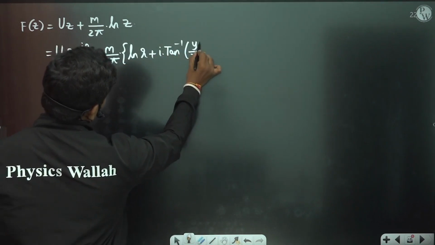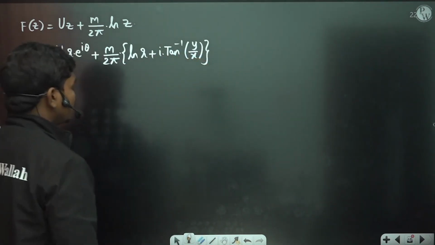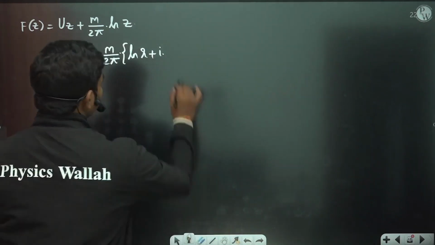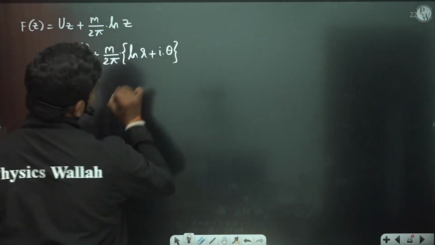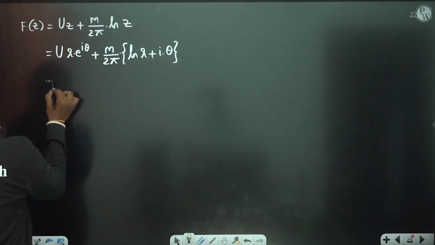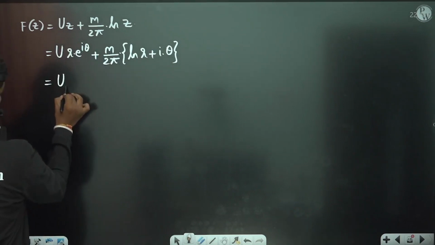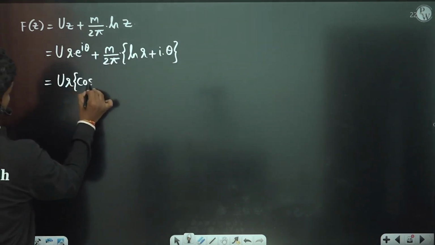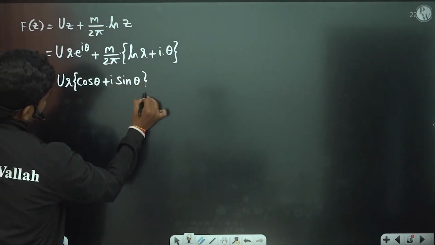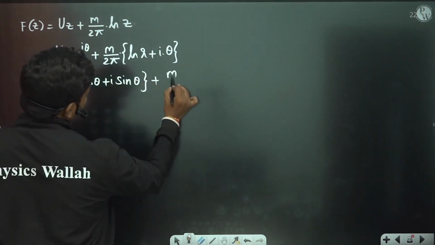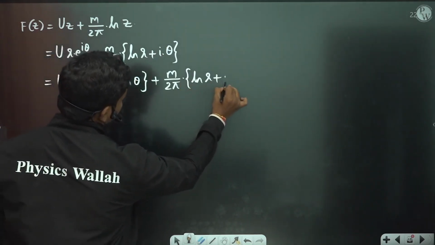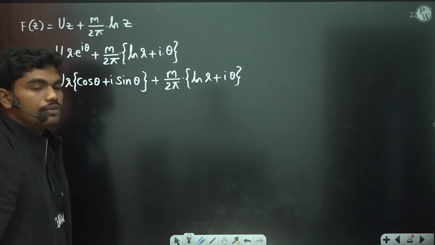Generally, instead of writing tan inverse y by x, let us write theta, this i times of theta. So if you split it, you have U r times of cos theta plus i sin theta, plus m by 2 pi times of ln r plus i times of theta, correct? So this is what you have if you expand it slightly.